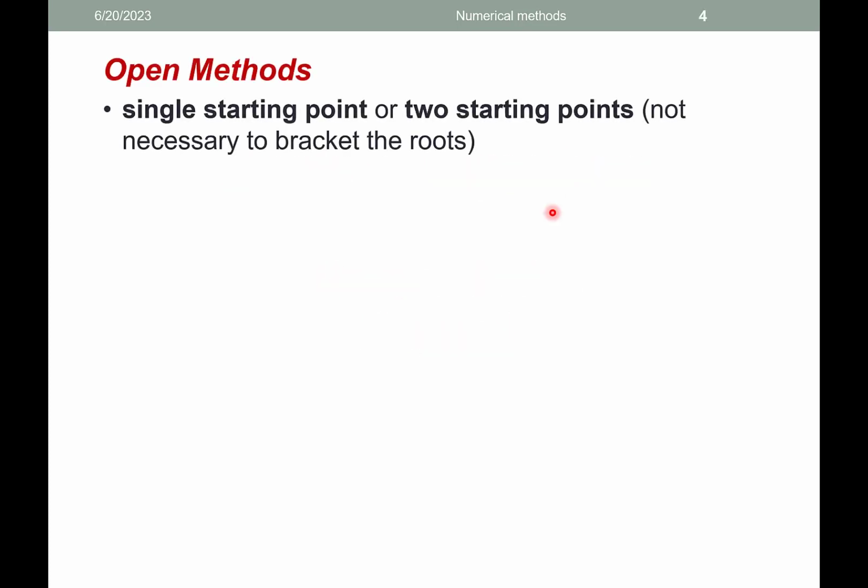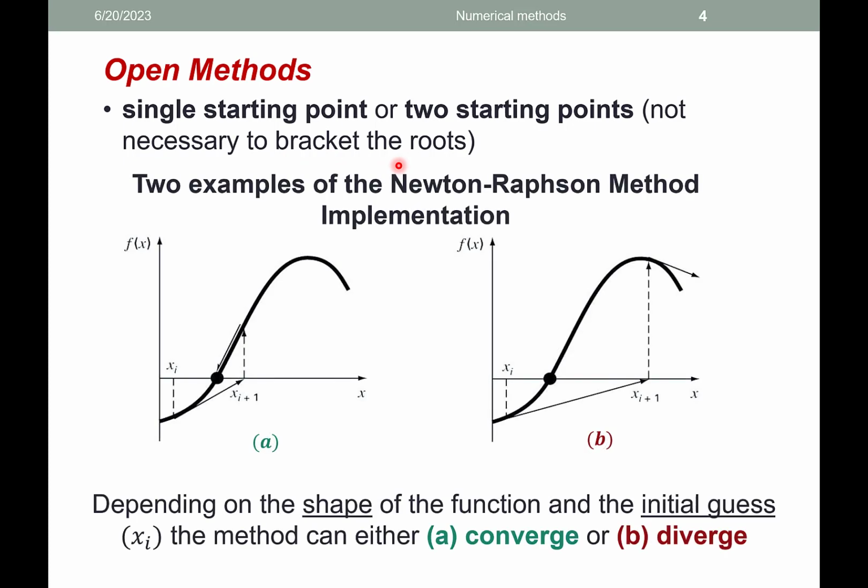So open methods use a single starting point or two starting points, not necessarily bracketing the roots. Before, we had to bracket the root. In the open methods, we don't have to bracket the root in the initial starting point, which is basically the initial guess.